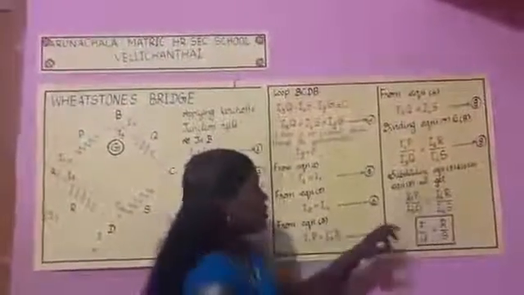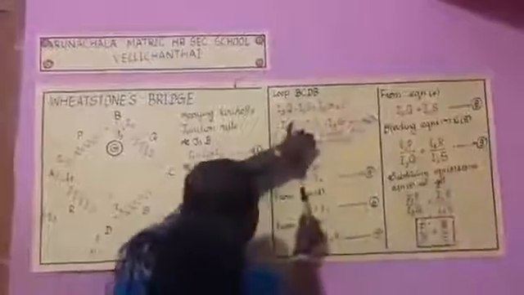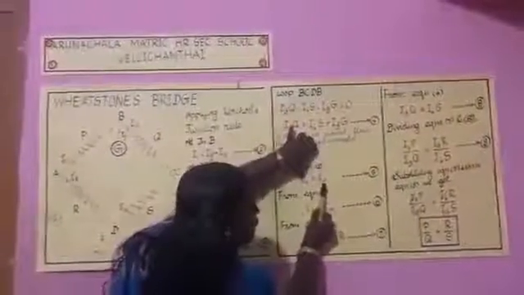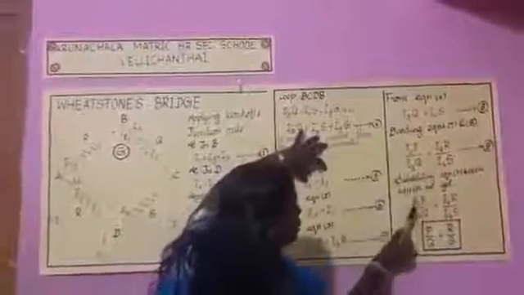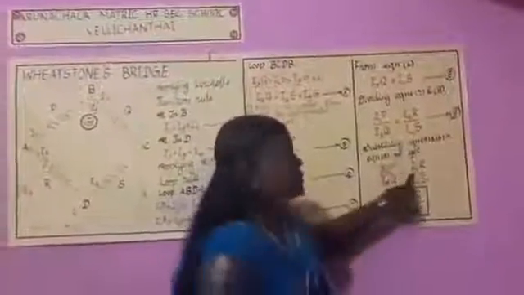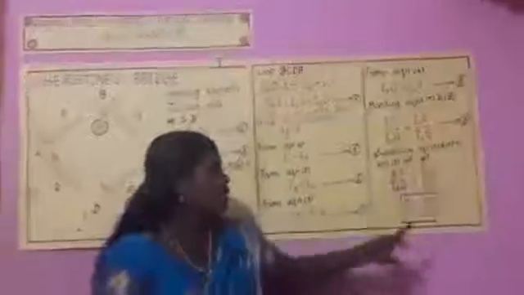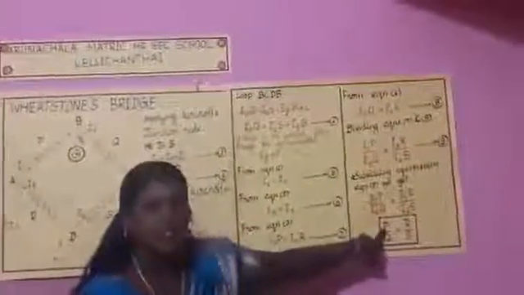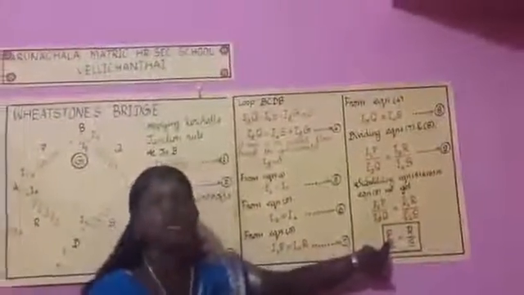Fifth equation, I1 equals I3, and I2 equals I4. So I3P divided by I3Q equals I4R divided by I4S. I3 cancels and I4 cancels. So finally we got one equation, that is P by Q equals R by S.